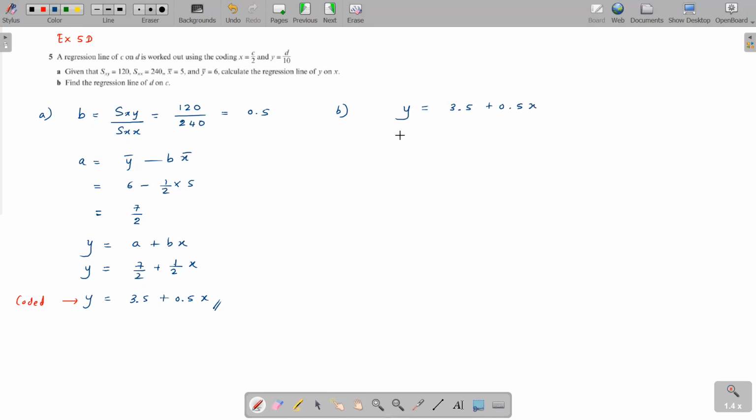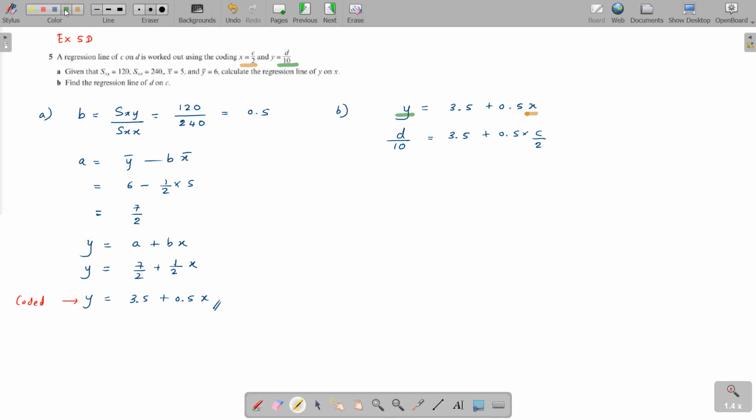So y is D over 10. x is C over 2. Okay, right guys, can you see? So you replace the y value with D over 10 and you replace the x value with C over 2. Right? Are you with me?